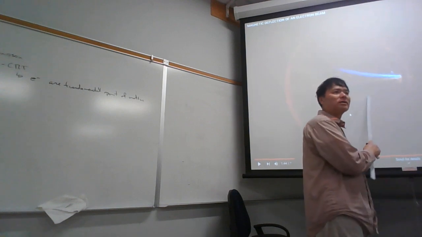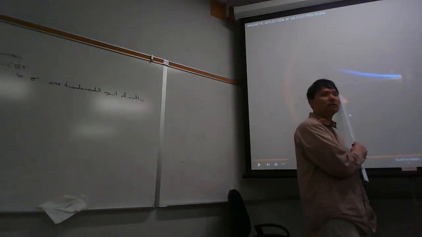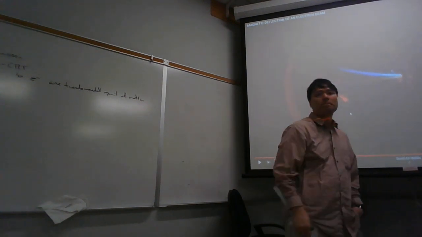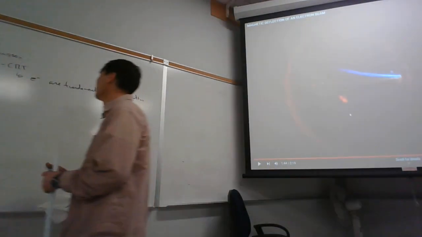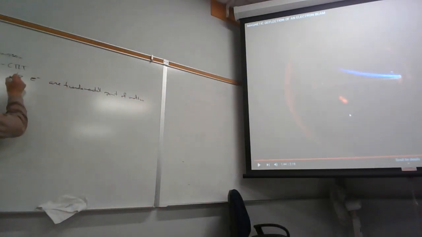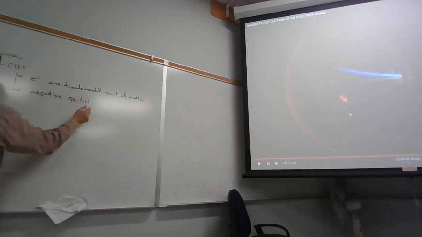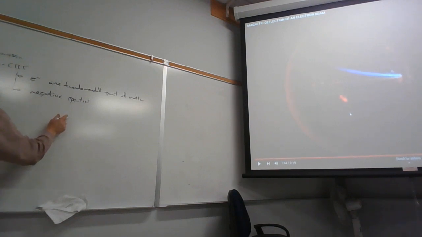And so how did he calibrate this to figure out the mass of the electron? He didn't. And so what he got was the mass to charge ratio.